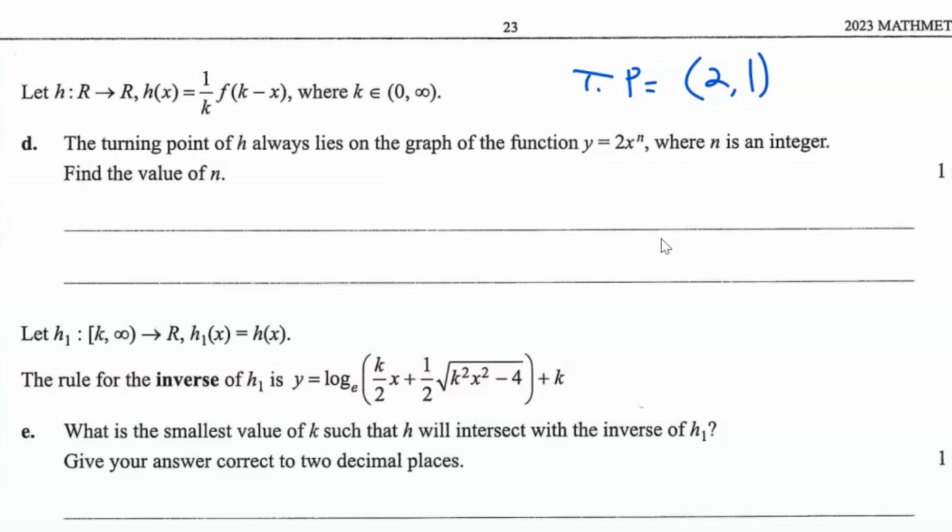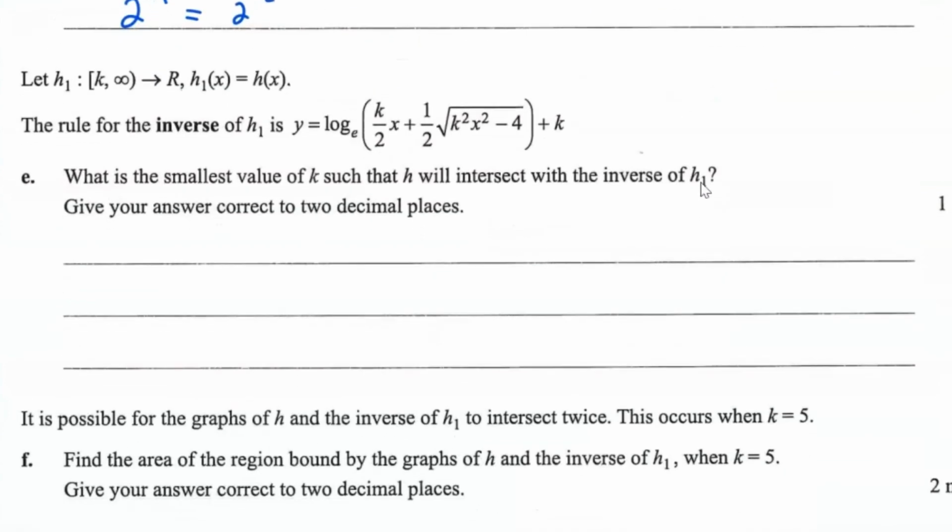So the value of x is 2, y is 1, so that's going to be a half. It's going to be 2 to the power negative 1 equals a half. So that means n must be negative 1.